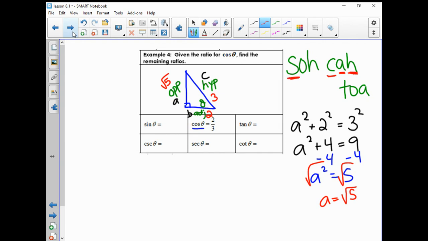Again, we know our sine is the opposite, which is my square root of 5, over the hypotenuse, which is 3. There's my nice lovely sine. Now, the reciprocal function, my cosecant down here, just switches those: 3 over the square root of 5. However, this is one of those other cases like last example. They don't like that radical in the denominator.